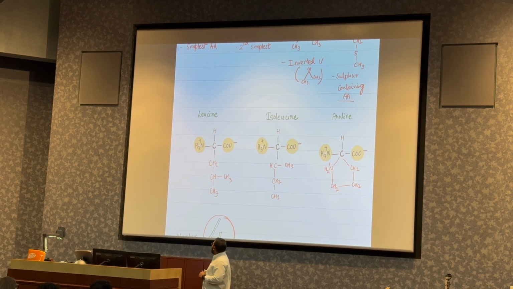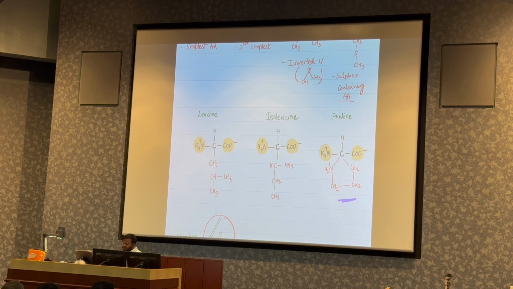This CH3 group has moved over to the first carbon to make this amino acid, and that's why they are isomers of each other. I think you can remember this one.